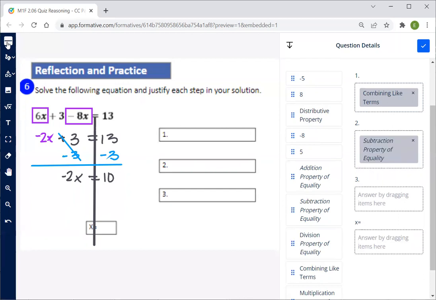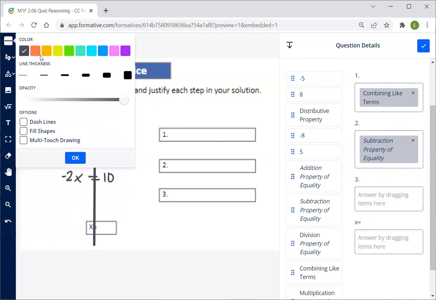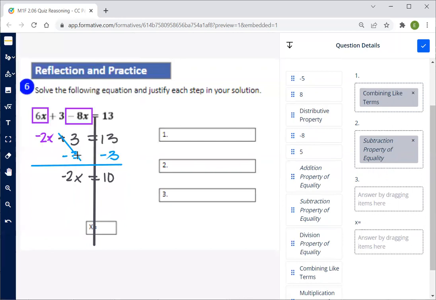So that's subtraction property of equality. The last step here, we need to get rid of that -2. So we need to divide by -2 on both sides. 10 divided by -2 is -5.